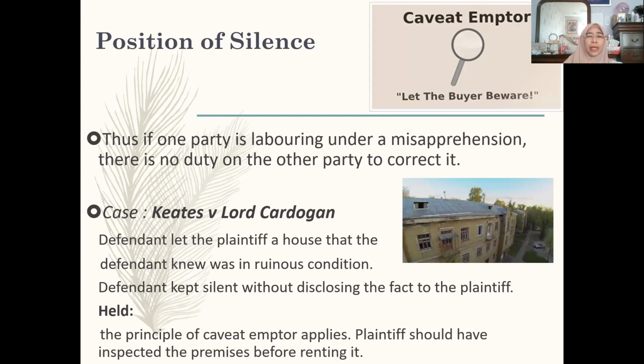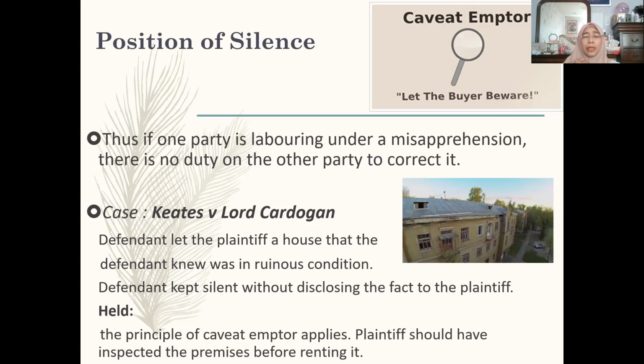All right. Example of the case here: Keates v Lord Cadogan. In this case, the defendant let the plaintiff a house that the defendant knew was in a ruinous condition, not in a good condition, very bad condition. The defendant knew about it, but he just kept silent, and the plaintiff didn't ask about it. The defendant kept silent without disclosing the facts to the plaintiff.